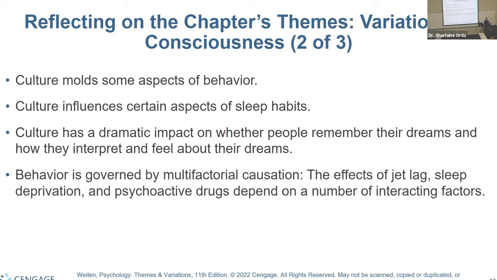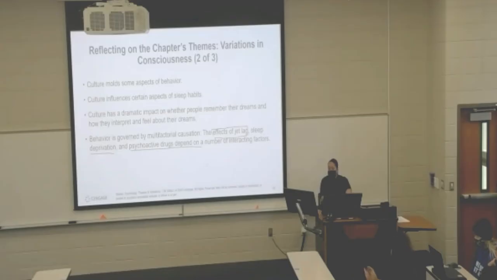Now, in regards to, for instance, the effects of an altered state because of jet lag, sleep deprivation, or psychoactive drugs, remember that we try to find very simplistic explanations to things. And that's just one of our faults as human beings. For instance, we hear this horrible case: this guy killed these people and it was horrible. And we tend to oversimplify that explanation.